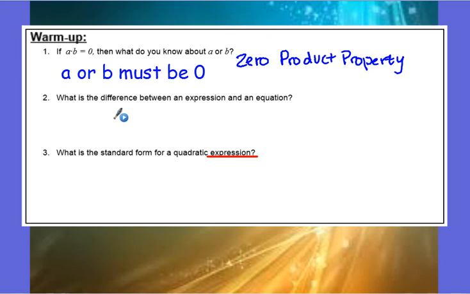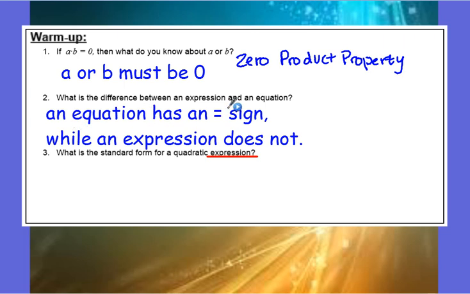So, what is the difference, for number 2, between an expression and an equation? Well, an equation has an equal sign, while an expression does not. Because an equation has an equal sign, equations can be solved, but expressions cannot.